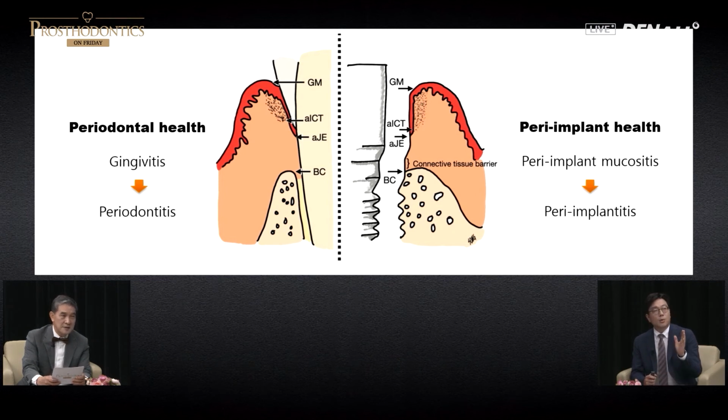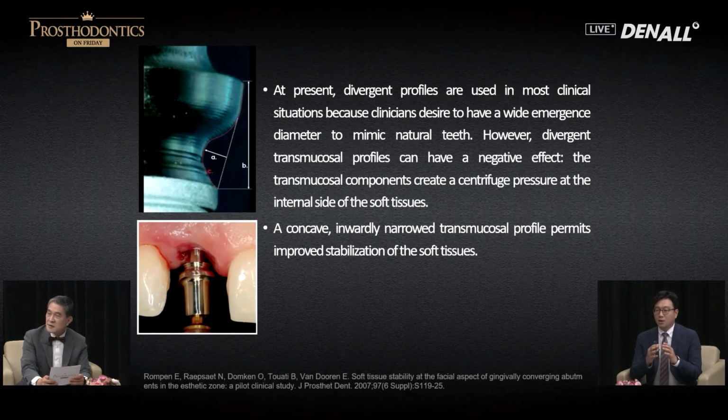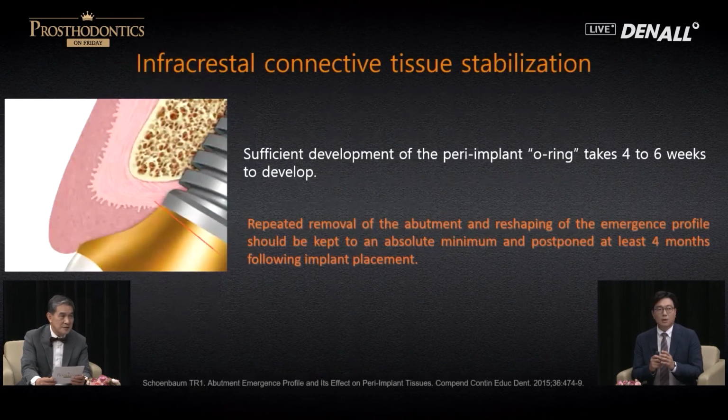As you know, implant, unlike natural tooth, has no PDL and no defensive membrane, so a connective tissue barrier is created there. That portion should be free from applied pressure, and we need to facilitate the healing to create that smoothly. In my case, I don't apply pressure there, and space is secured.